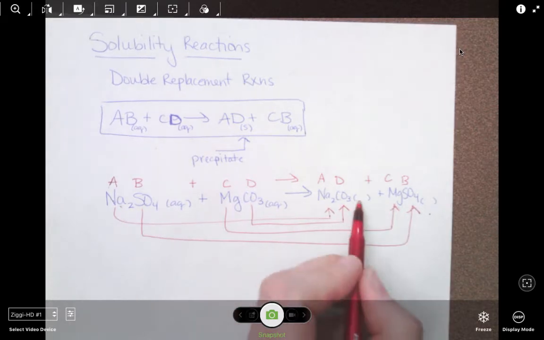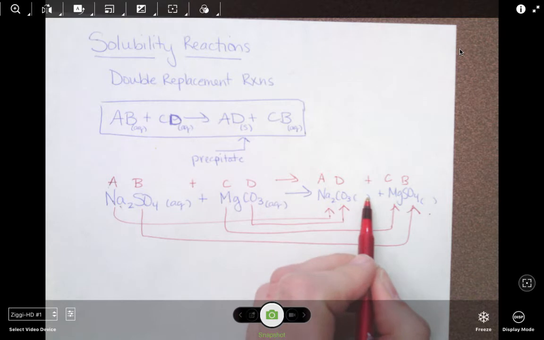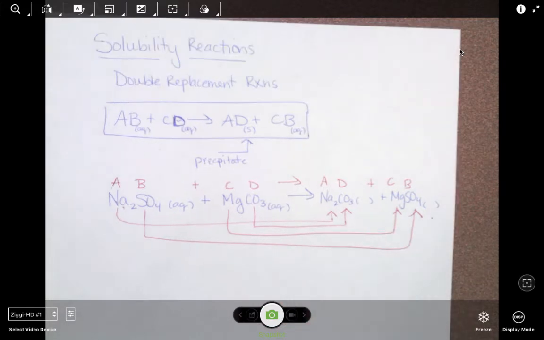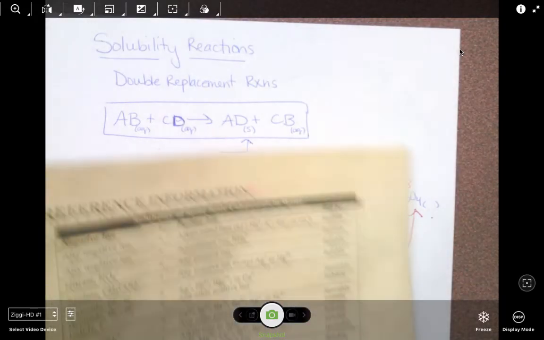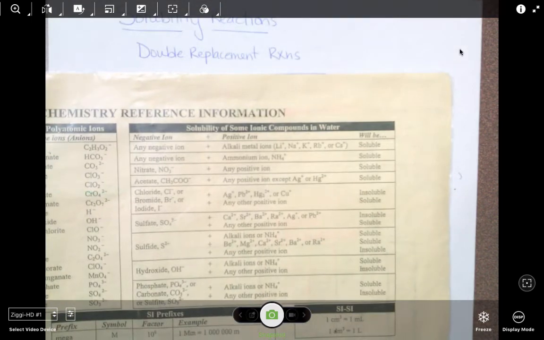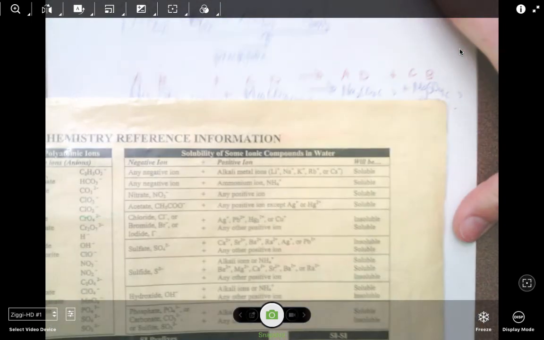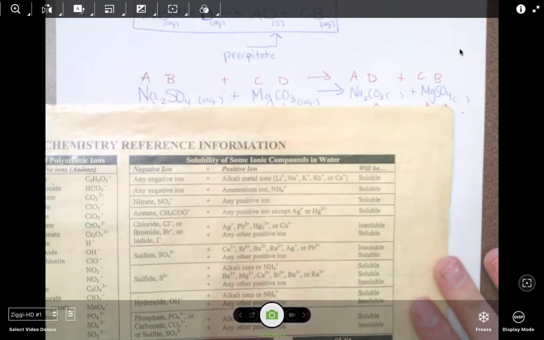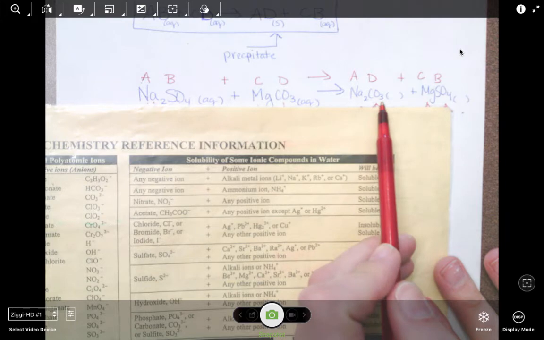In order to determine the states of matter and determine if this is a solubility reaction or if an insoluble precipitate forms, we have to look at the solubility chart. So when you look at the solubility chart, you're looking for both of the products to determine if they're soluble or insoluble. So let's start with sodium carbonate.